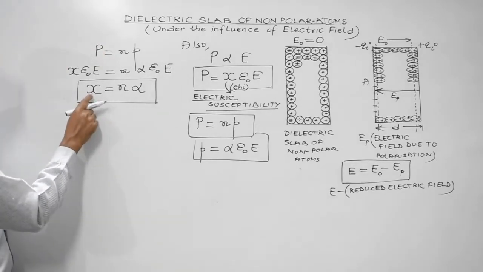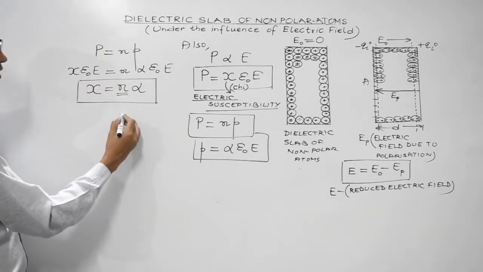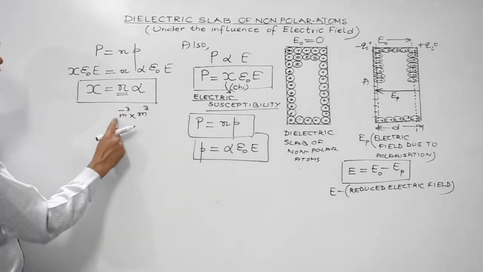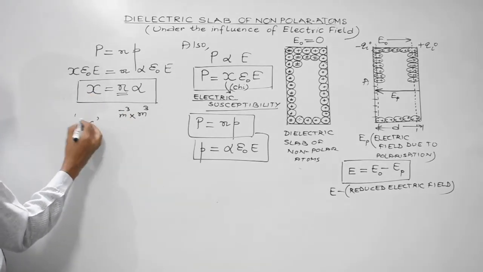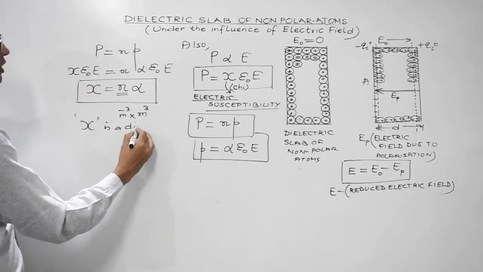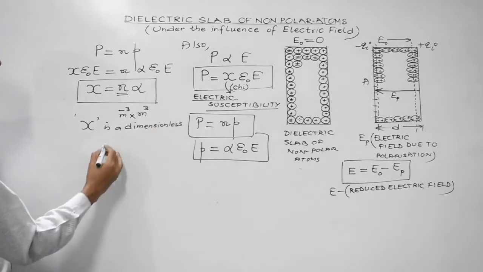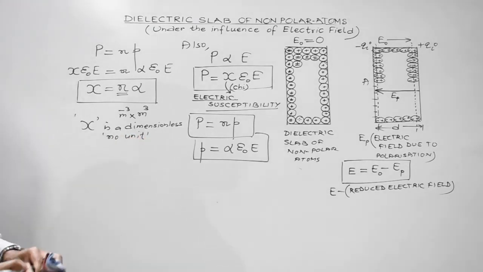So what is the SI unit of chi? Its unit is per meter cube, and the unit of alpha, just now we have discussed, is meter cube. So meter cube per meter cube get cancelled. So chi is a dimensionless quantity with no unit.